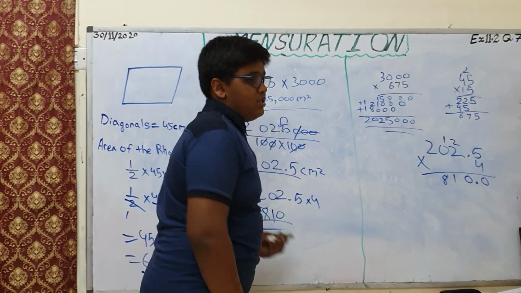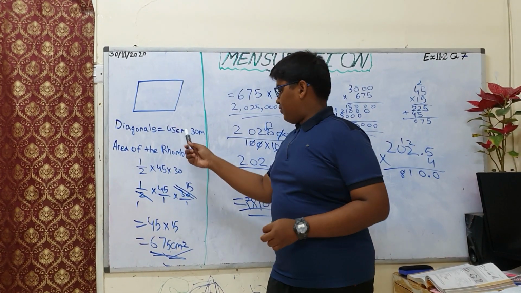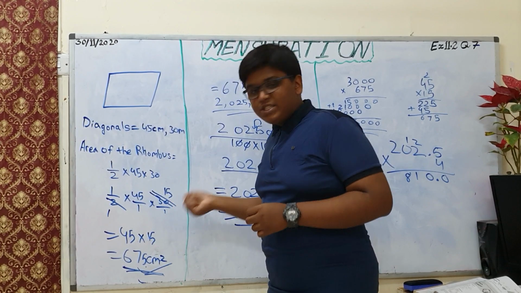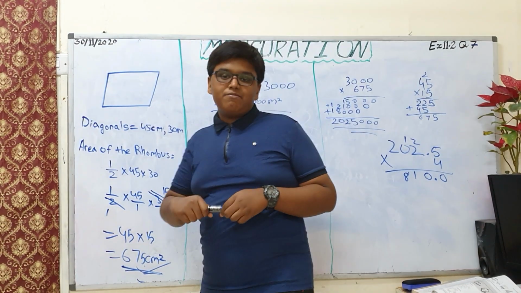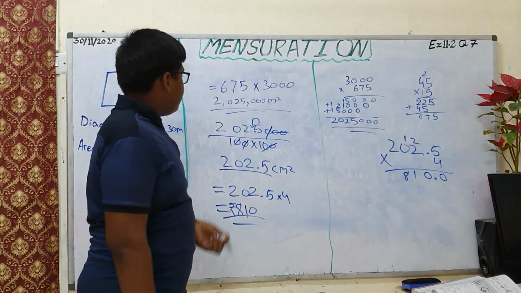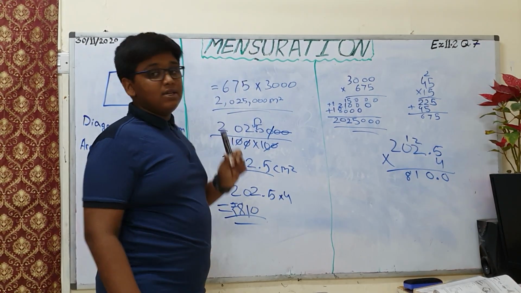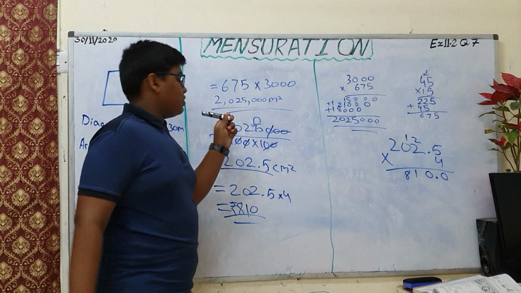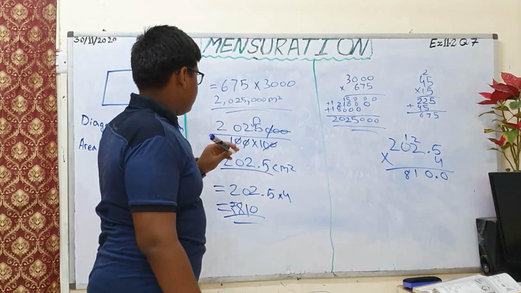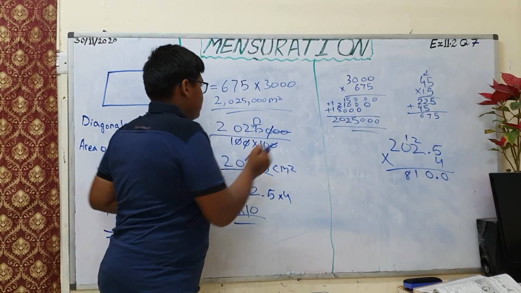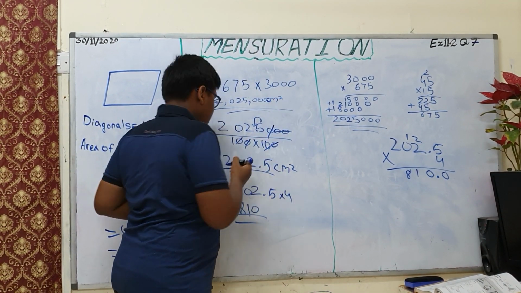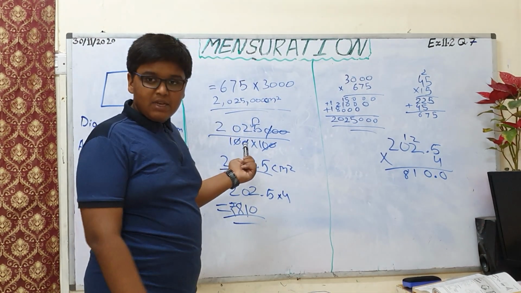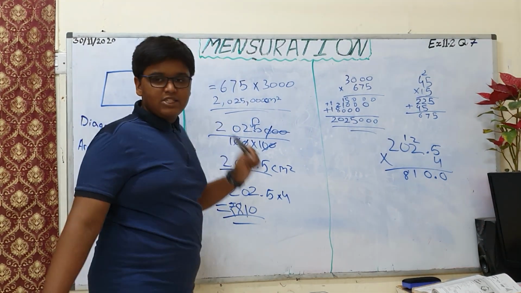Now what we did was, first we took the diagonals given in the question. Then we did these calculations and we found 675 meter square, then centimeter square. Then we multiplied them by the whole number of tiles, by all the tiles. Then what we got was 2,025,000 centimeter square. Then we divided them by 100 into 100 for getting the decimals.